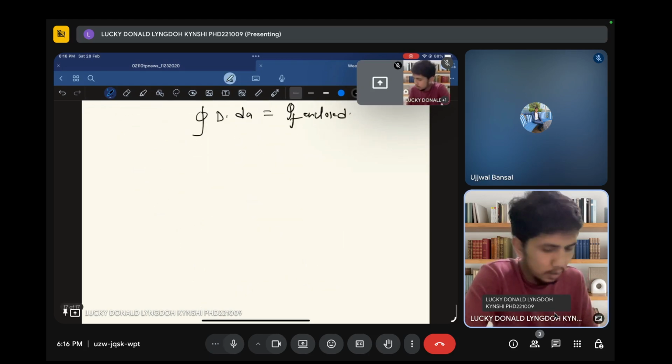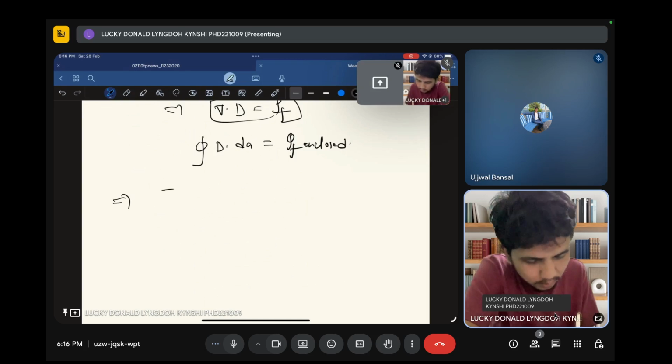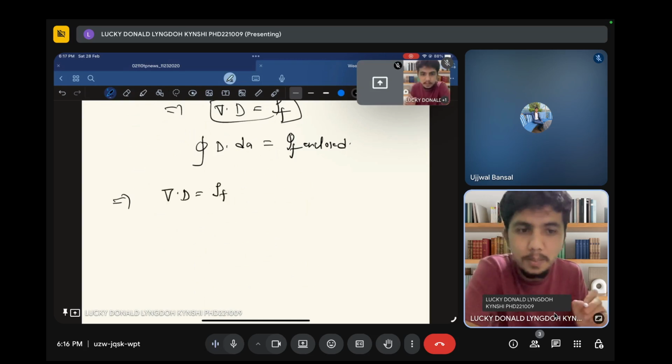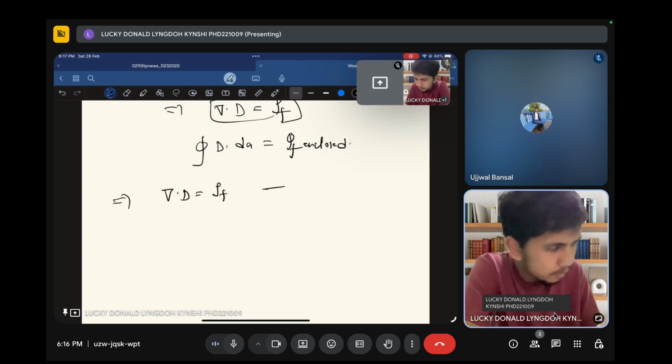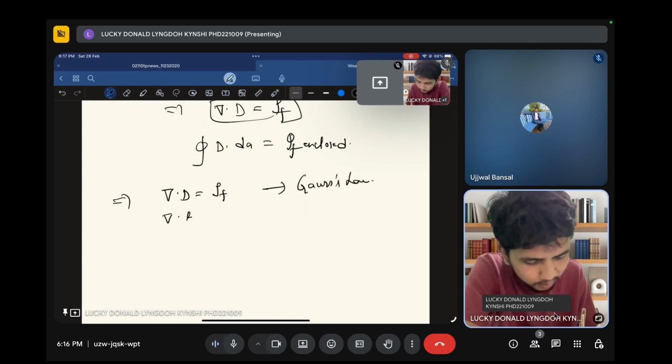So now the Maxwell's equations become: del dot D equal to rho F. This is the first, the same thing as Gauss's law. Now del dot B remains the same.